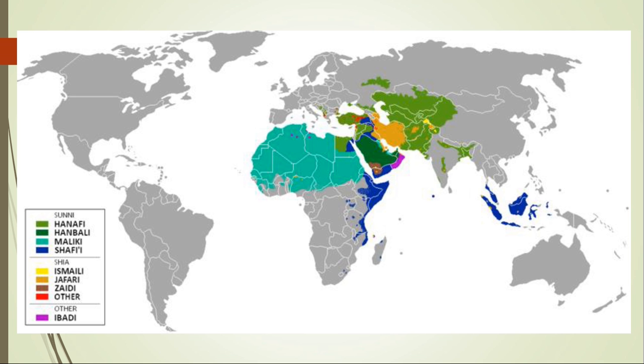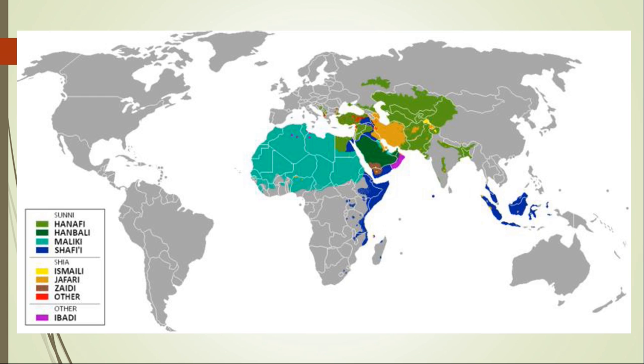If you look at this slide, you will see the distribution of scholars throughout the world. We have mainly two major parts in Islam, which are Sunni and Shia. And you see the green of Sunni: Hanafi, Hanbali, Maliki, Shafi'i.